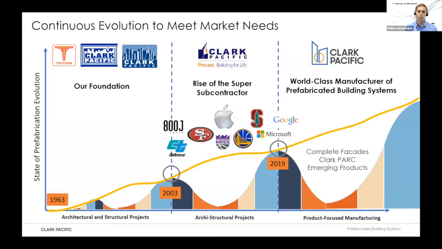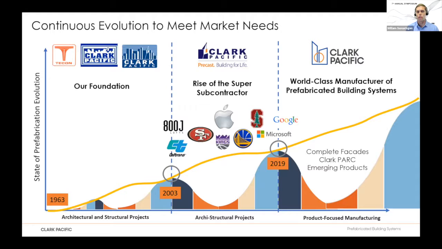We saw an inflection point between 2003 and 2019 where we not only saw tremendous growth for our company through large-scale projects, as you can see some of the logos there, but we also started to understand that the market was demanding even more prefabrication that we were delivering prior to 2003.